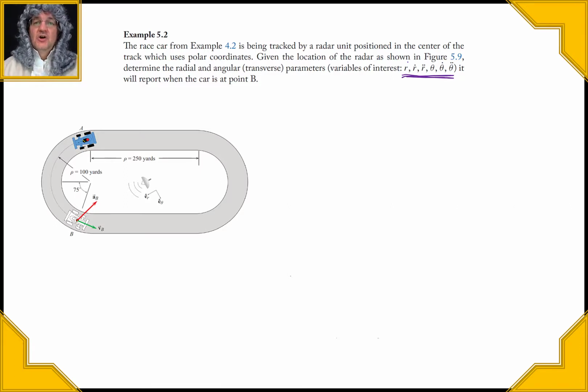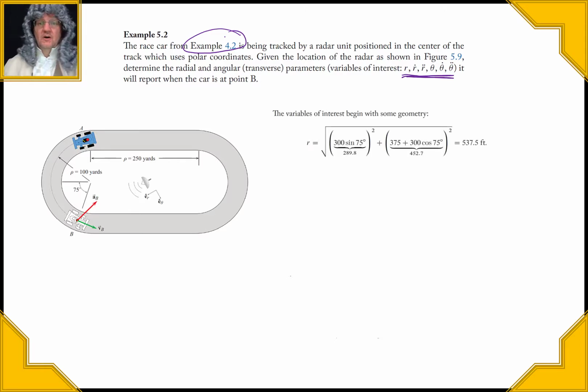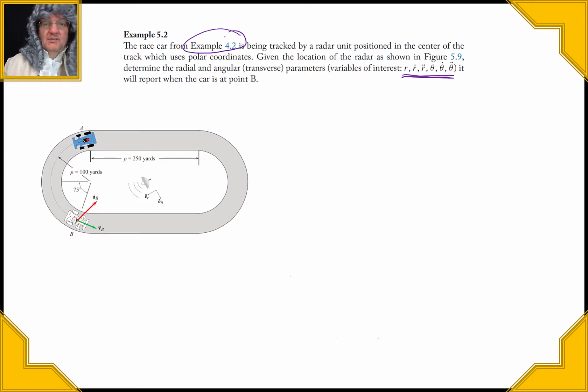All right. So given the location of the radar as shown here, determine the radial and angular transverse parameters. This is going to be the same information we had in the previous example. I haven't given you the values here, but I'll give you the values in a second, along with some of the other information you needed to know.